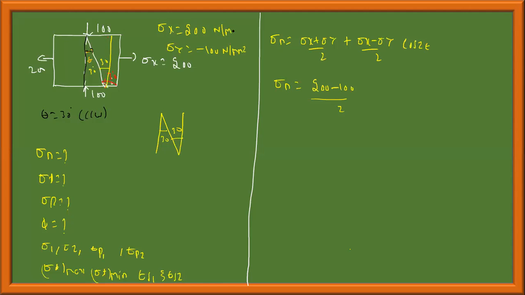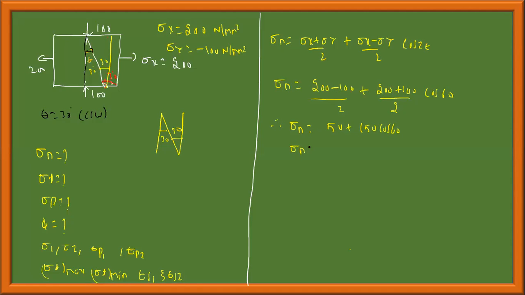So 200 plus 100 by 2 cos 60. Therefore, sigma n is equal to 50 plus 150 cos 60.